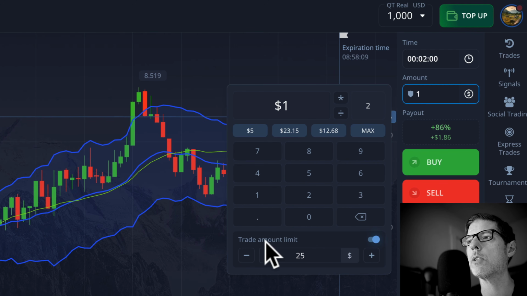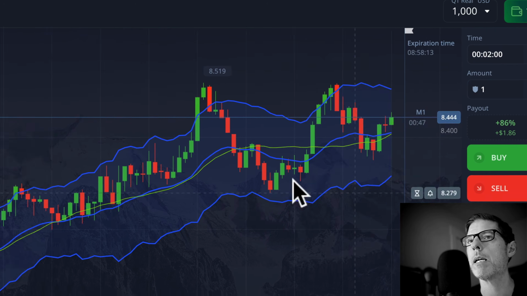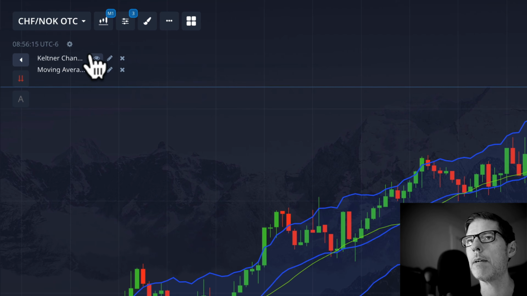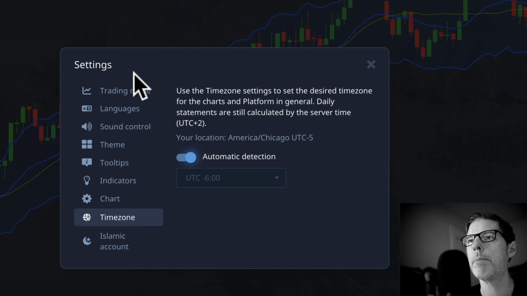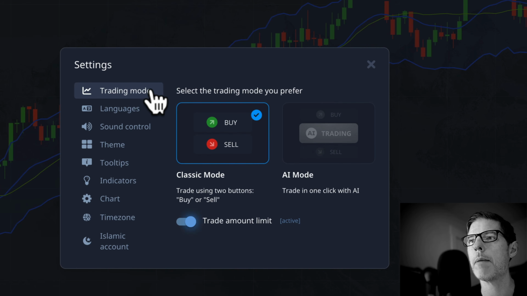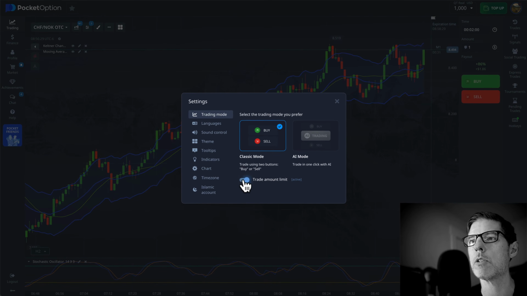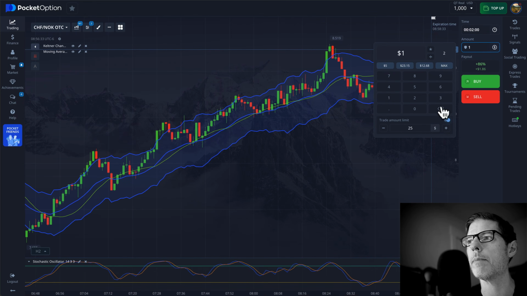Now, if you don't see the trade amount limit switch, make sure to come over here to the top left on the gear icon and click right here. And then up here where it says trading mode, go ahead and click that. And then the trade amount limit switch will be right here. So make sure that's turned on, okay? And once you do that, you should see the little switch there.